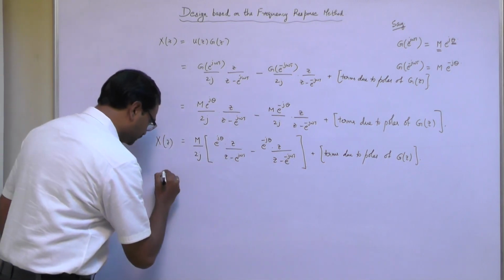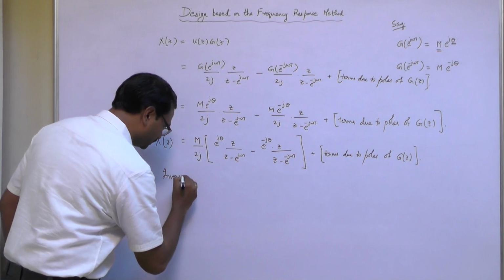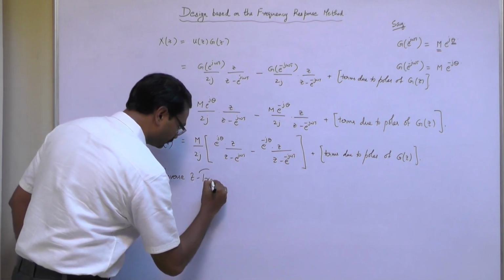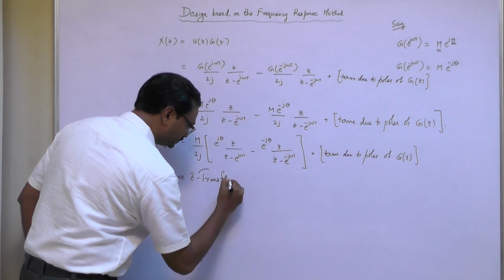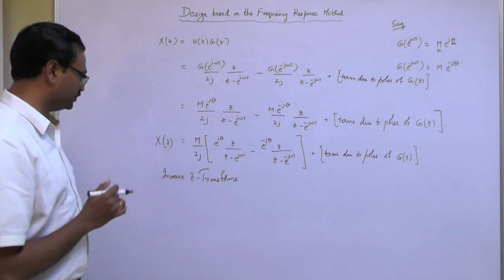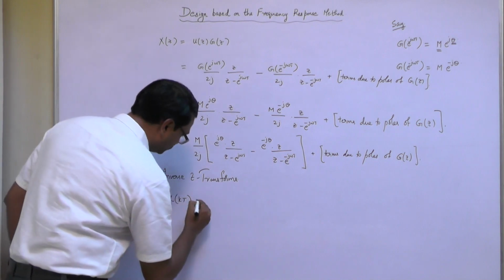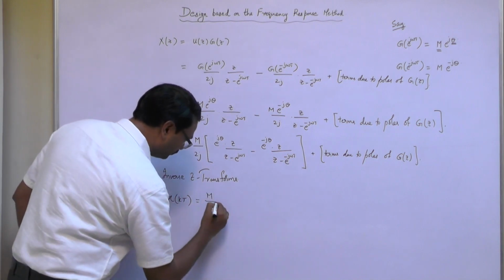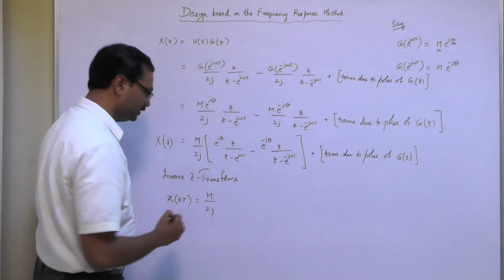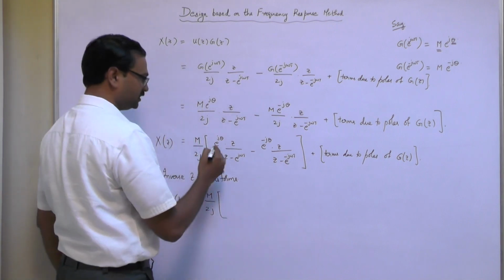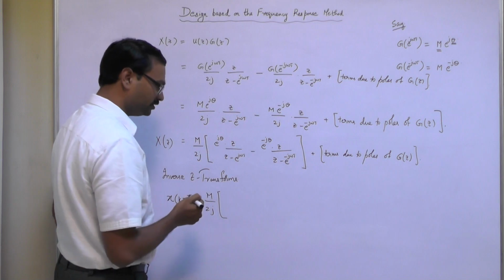Now applying inverse z transforms to this equation, what do we get? We have x(kT) is equal to M by 2j into, what is the inverse z transform of z by z minus e^(jωT)?